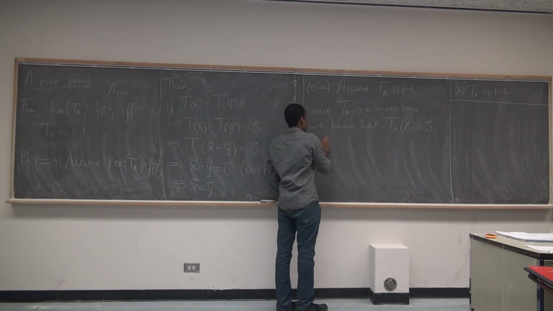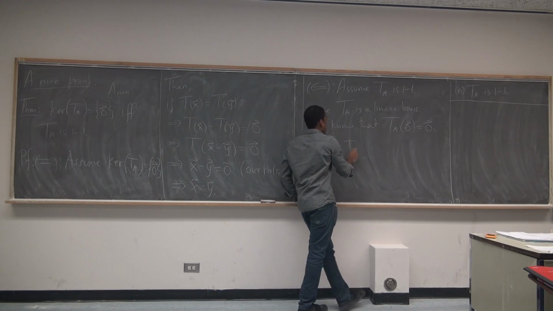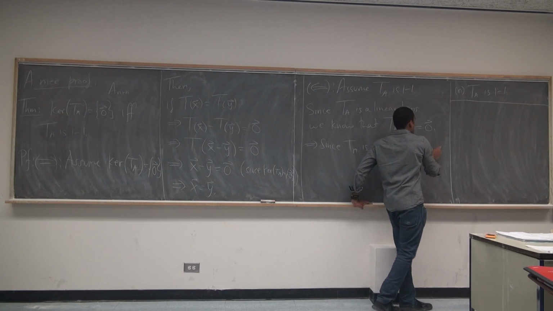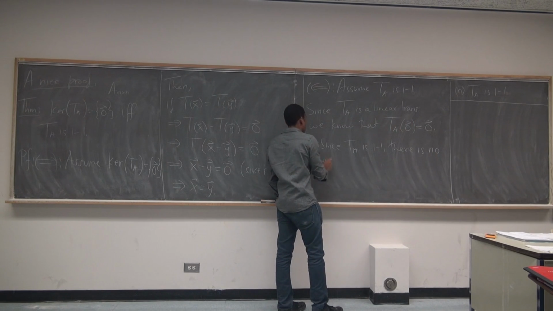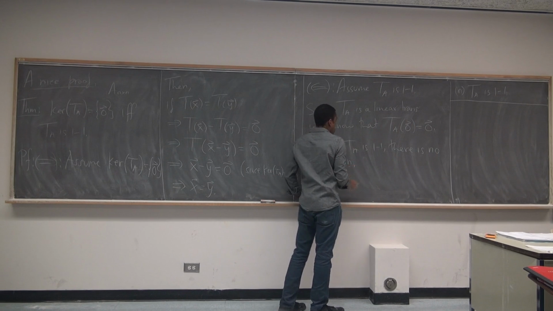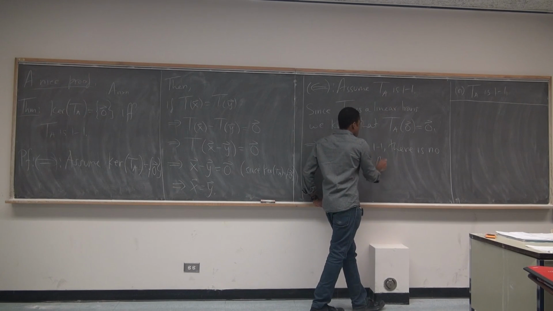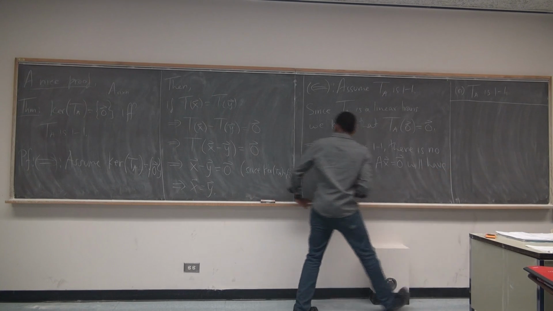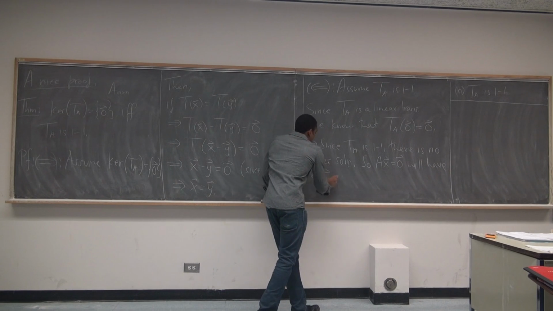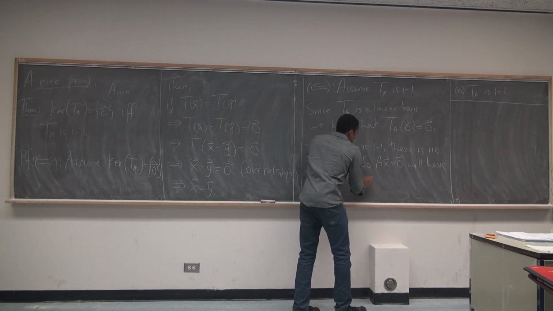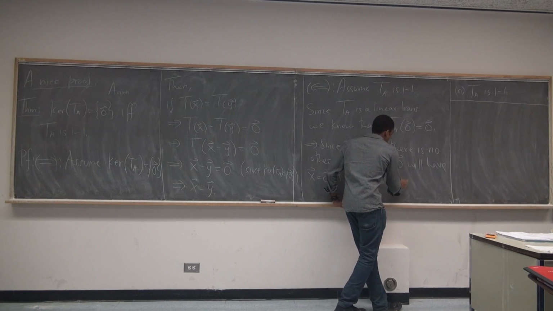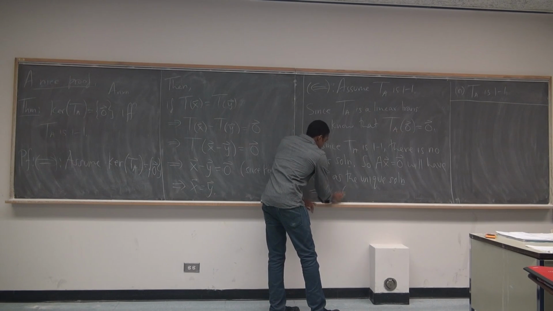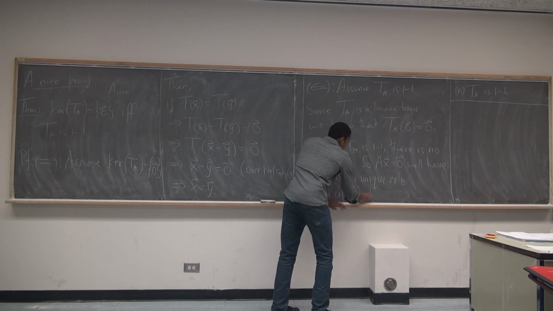This implies there is no other solution. So Ax equals 0 will have x equals 0 as the unique solution. Which means the kernel of the transformation is just a set containing the 0 vector.